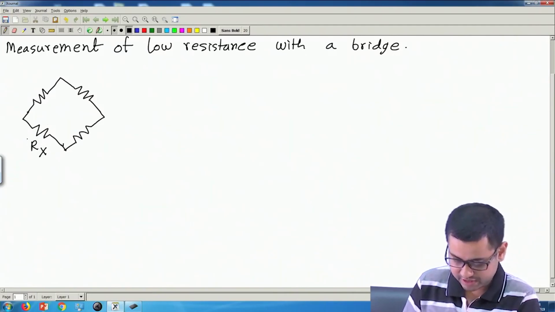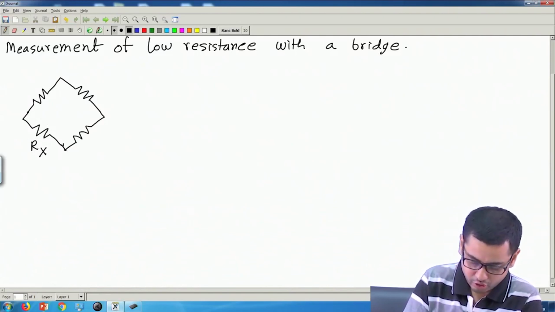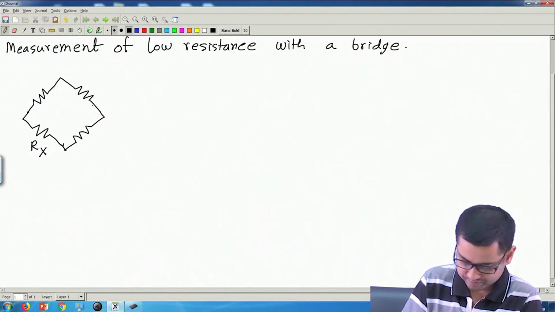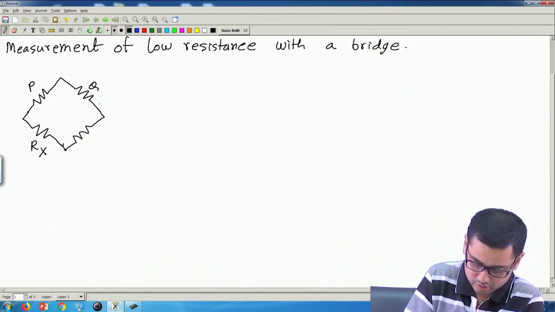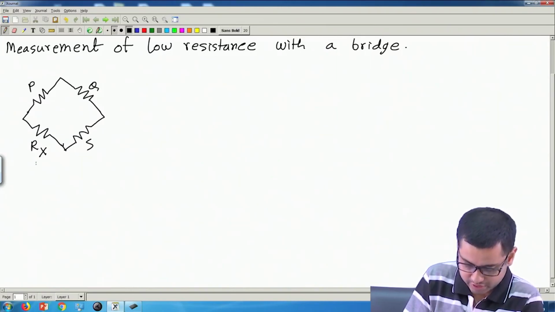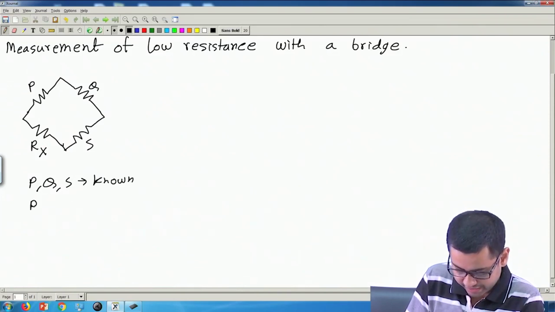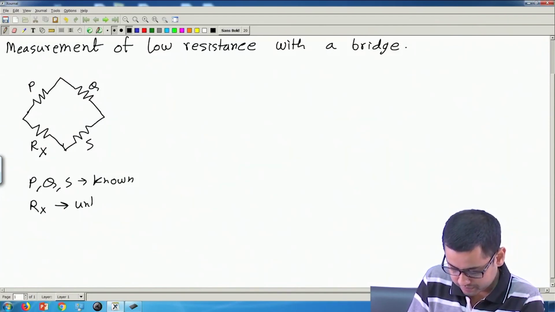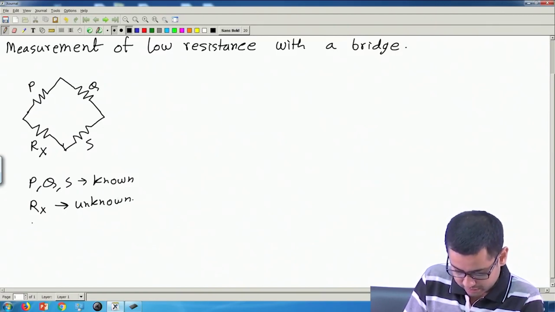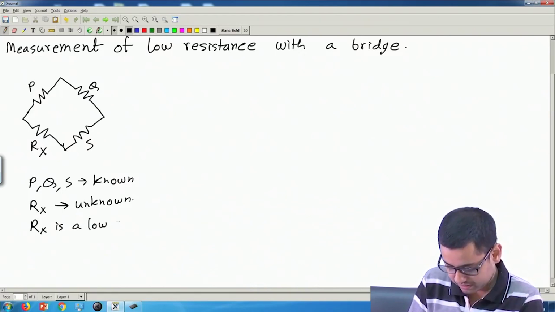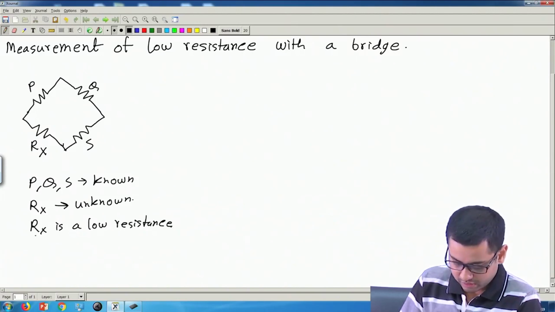All other resistances are known, call them P, Q and S. So, P, Q, S are known, Rx is unknown, and Rx is a low resistance.